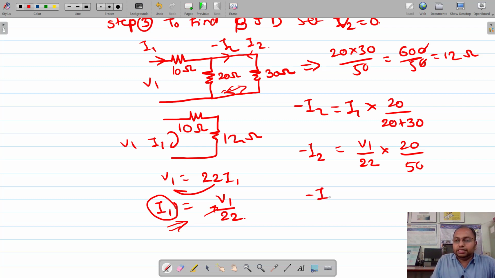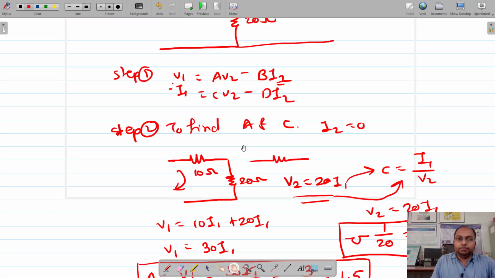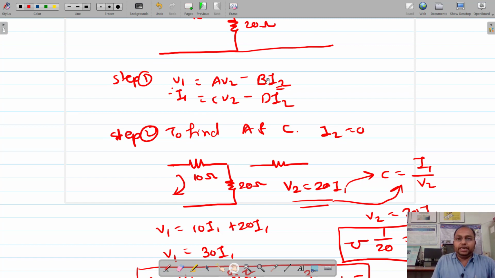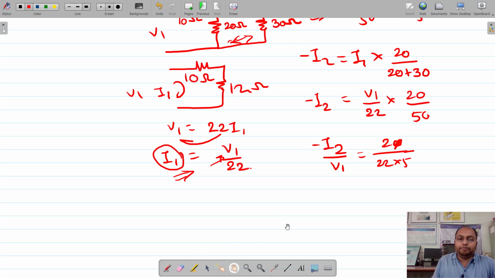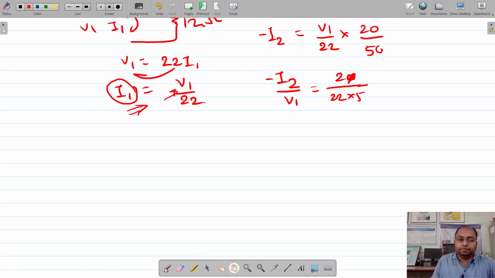So minus I2 divided by V1 is equals to 20 by 22 into 5, or 2 by 5 after cancelling. So what is our relation? B must be V1 by I2, right? So we need to take the reciprocal of this.